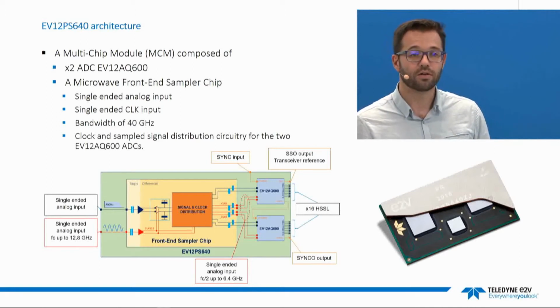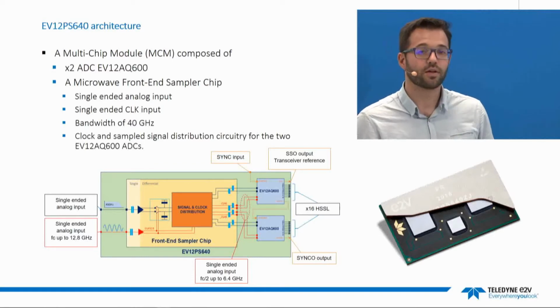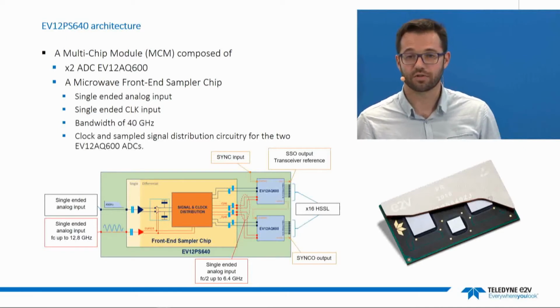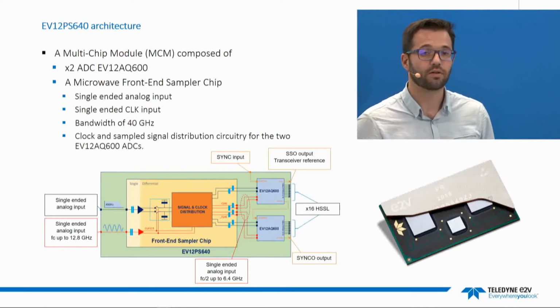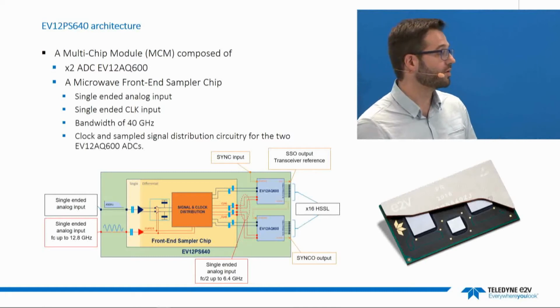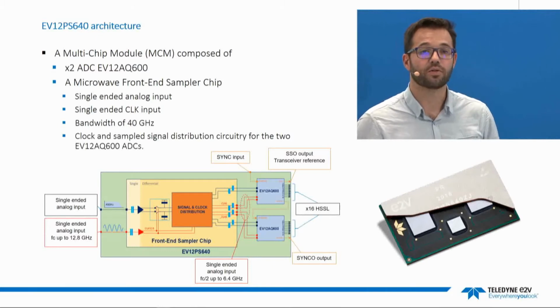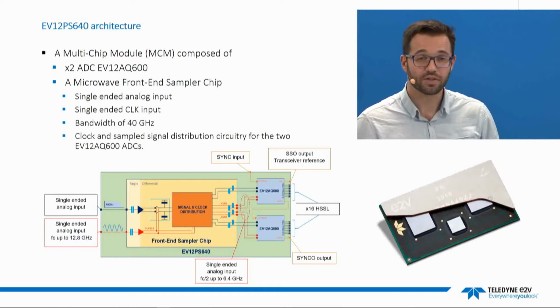The development is already on track to replace these 2 dies composed of 2 EV12AQ600 by new ADC dies to meet our targeted specification, like the wide input bandwidth of 40 gigahertz.